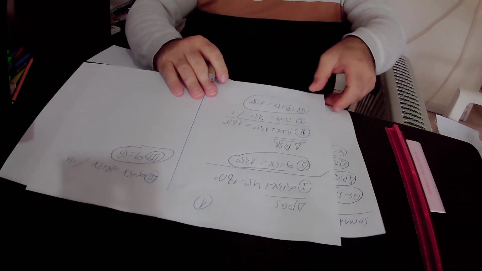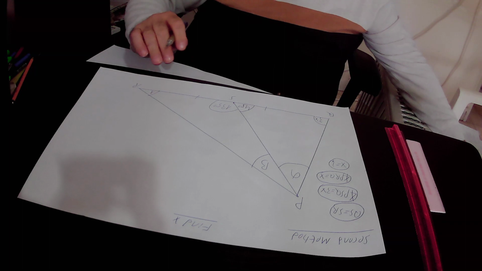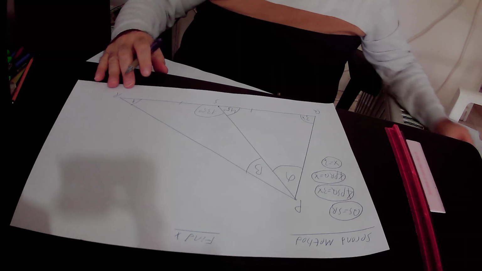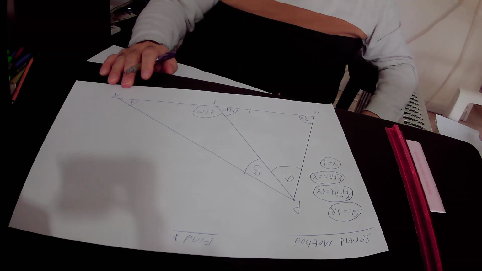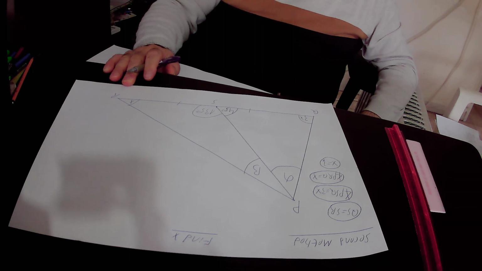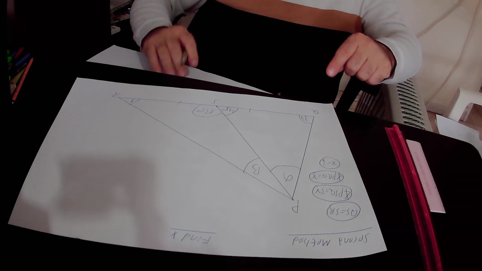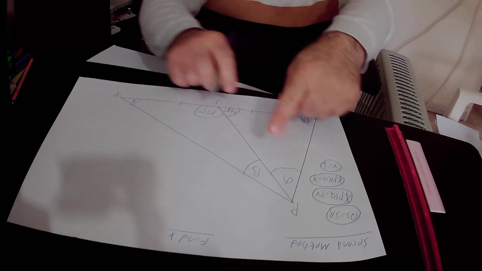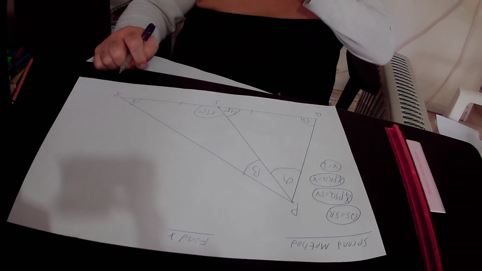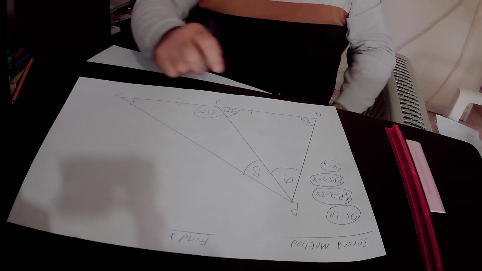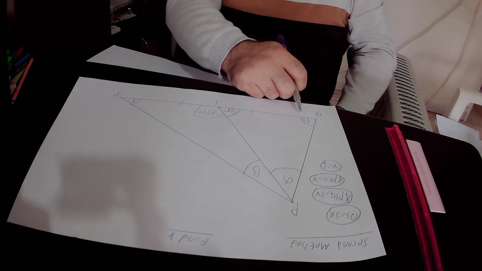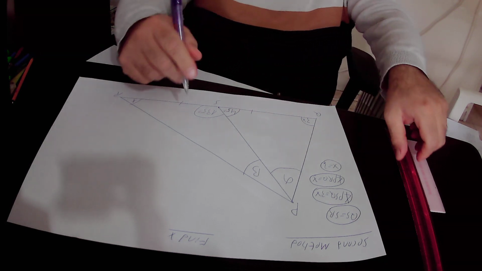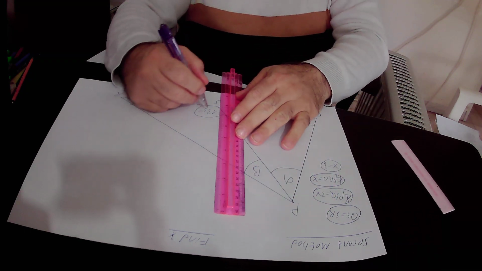Okay. In the next step, we will do a construction. From point Q, we will draw a straight line to PR in such a way that the angle that will be created here will be equal to x.